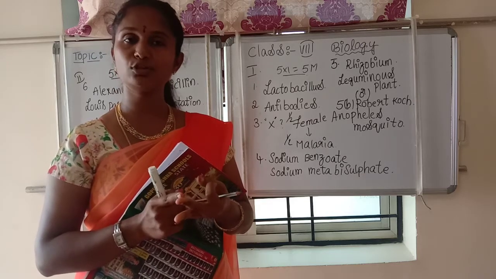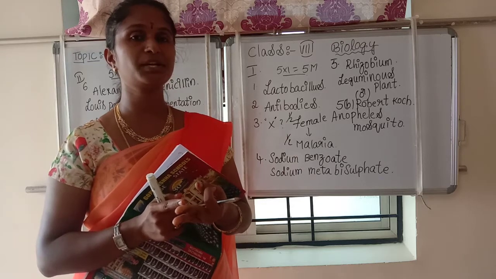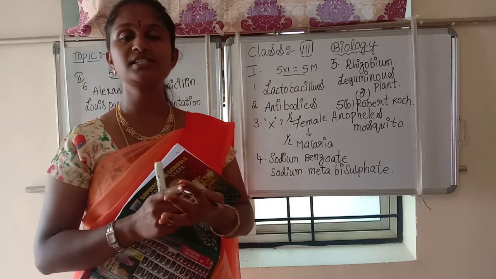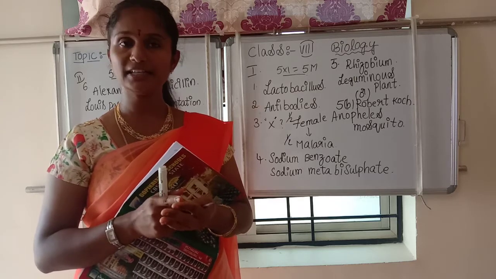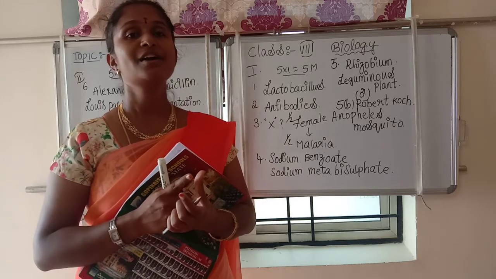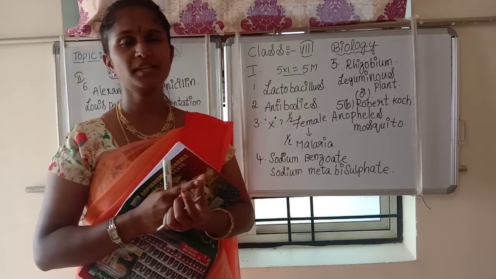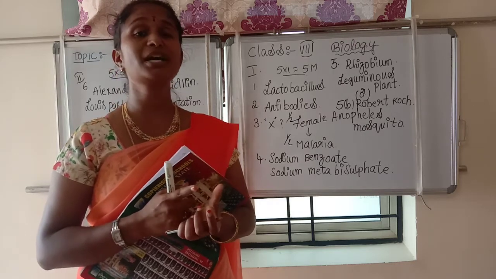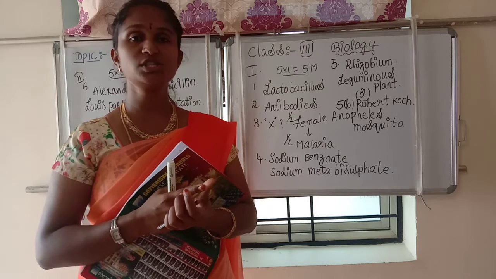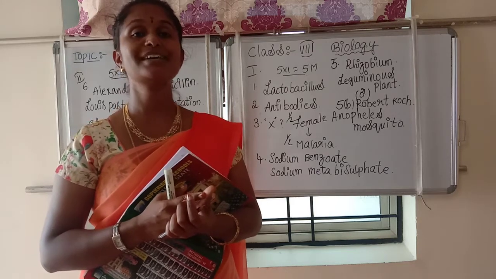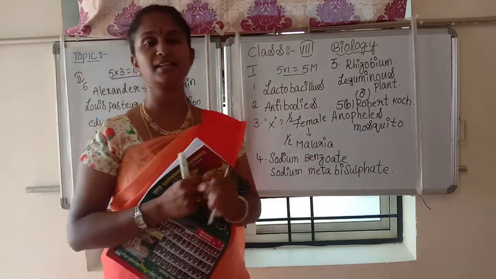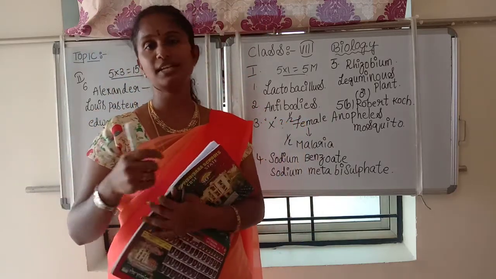Microorganisms like lactobacillus are helpful for curd preparation, and microorganisms like penicillin fungus are helpful for antibiotics, and microorganisms can also be helpful for preparation of vaccines and medicines. One more thing, microorganisms are also helpful for increasing nitrogen fixation. Example, rhizobium. These are a few sentences. If you write 5 of these sentences, you may get the 3 marks.